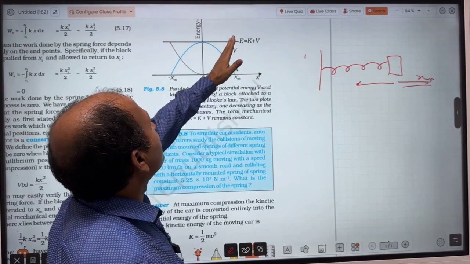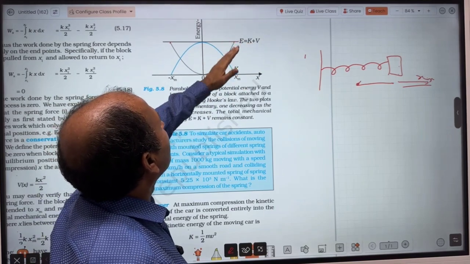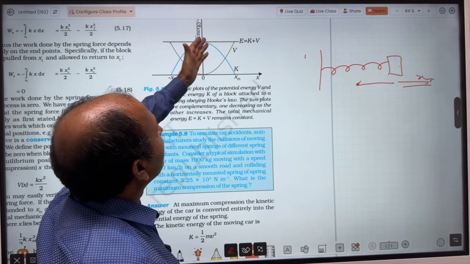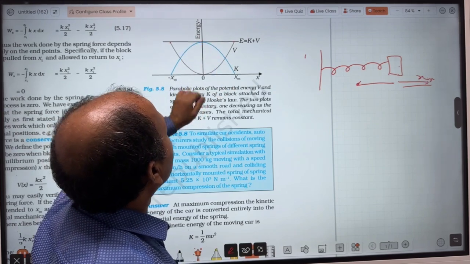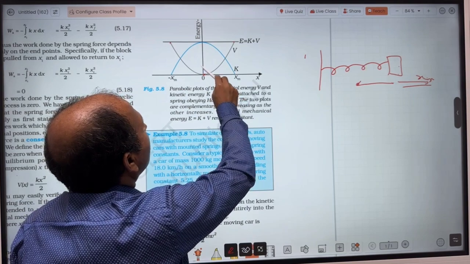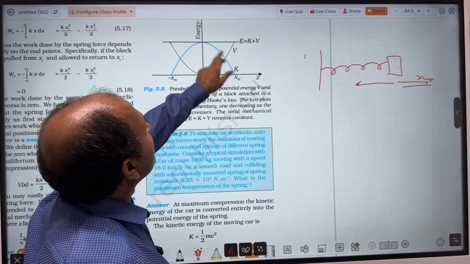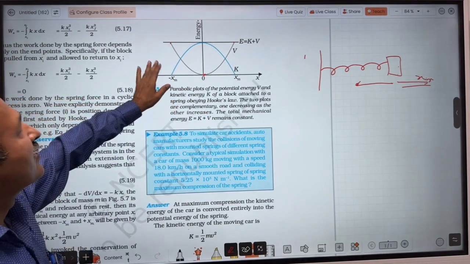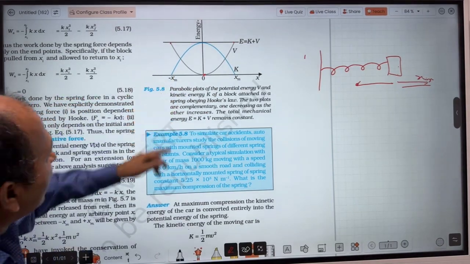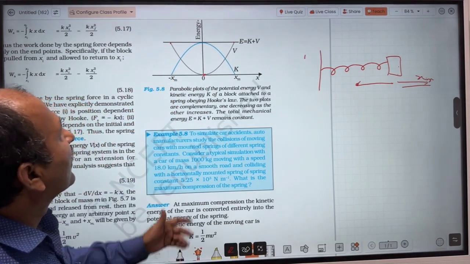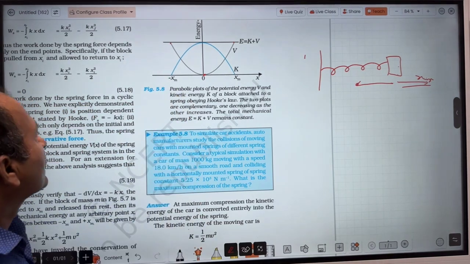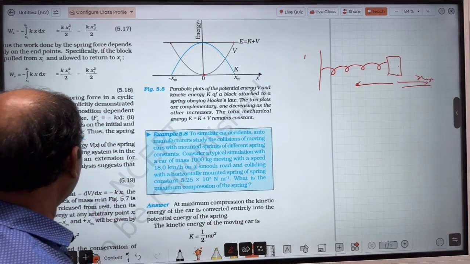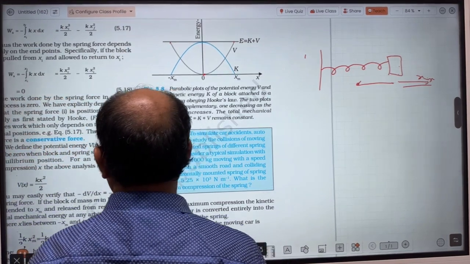If potential energy is decreasing, kinetic energy will start increasing. If one decreases, the other increases because energy remains constant. At the point when potential energy is zero, kinetic energy is maximum. The sum of the two, kinetic and potential, remains constant. So this graph shows the same thing as energy conservation. I think you have understood.